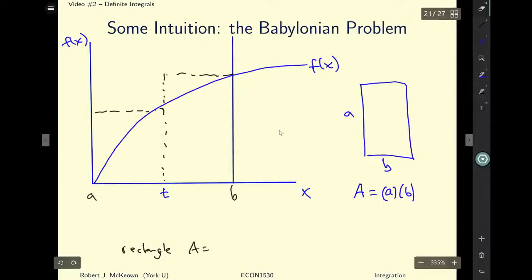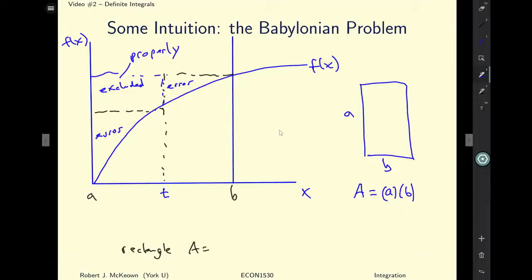And so notice that if we use two rectangles, we have an error here, but this area up here is now excluded. And that's properly excluded, right? We don't want that. That's not part of the area under the curve. We want the area down here. But notice that if we use two smaller rectangles, we get a more accurate result.